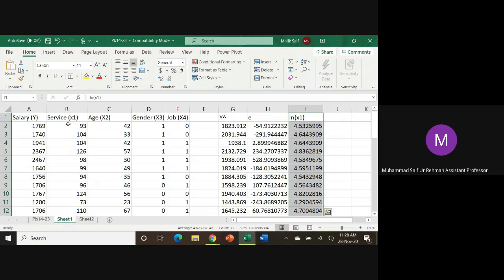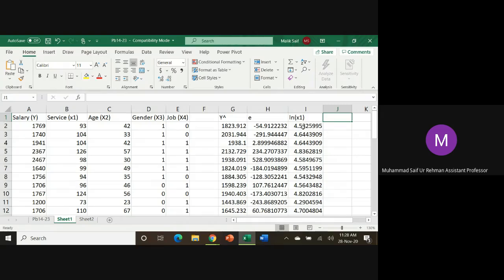Okay, otherwise in this case you see the linearity issue is there. So you can take square of this series. Let us say if you take square of x1, so as in this case you took log. So if you take log, basically log helps, it makes the series unit free.